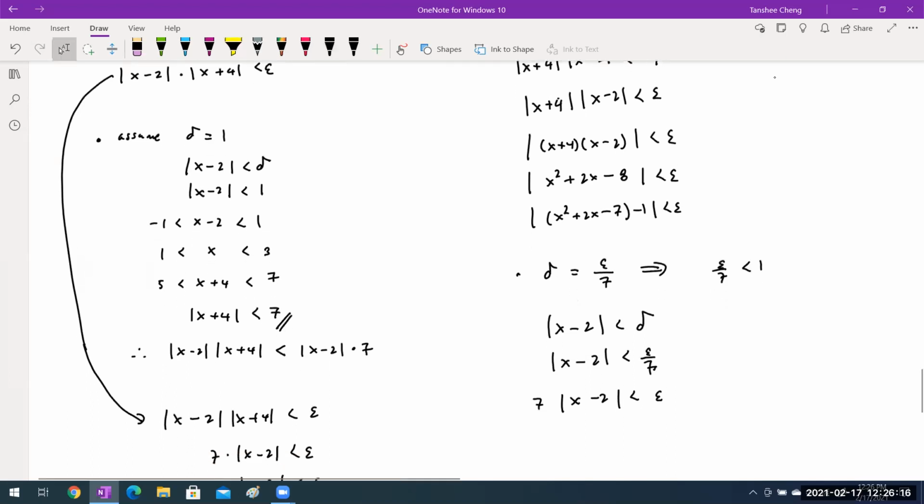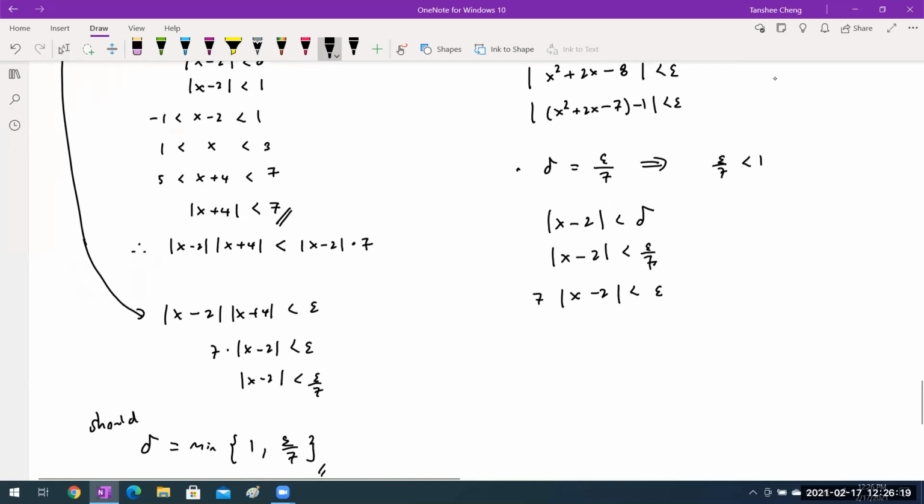And now, by using it again, since 7 is greater than x plus 4, that basically tells me x plus 4 times the absolute value of x minus 2 is less than 7 times absolute value of x minus 2. From here, by transitivity, absolute value of x plus 4 times the absolute value of x minus 2 is less than epsilon.